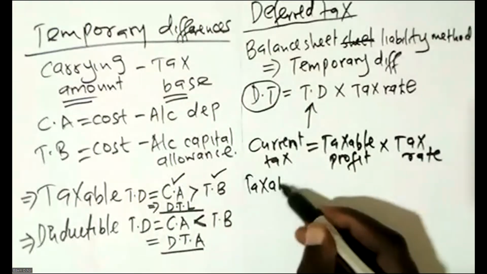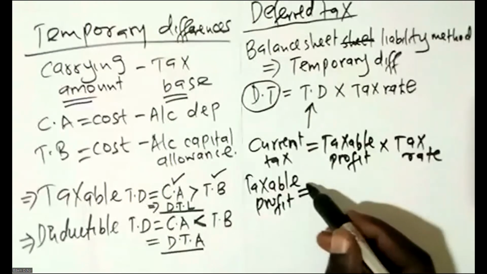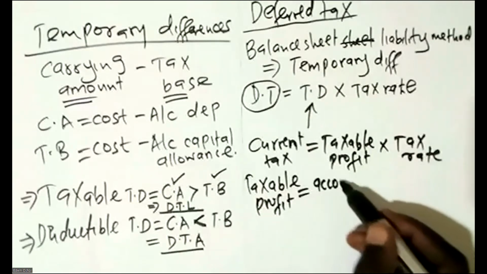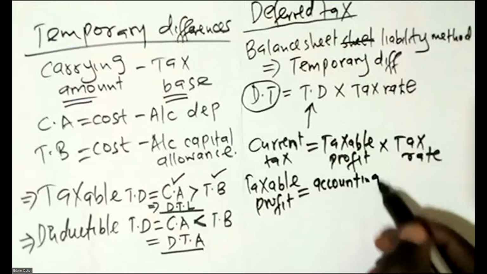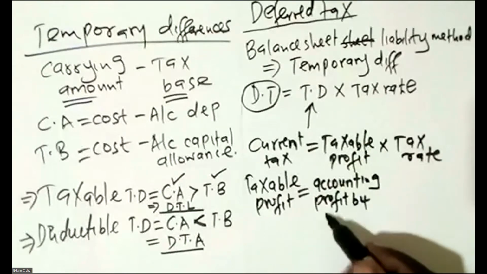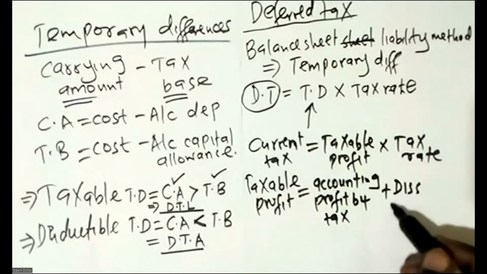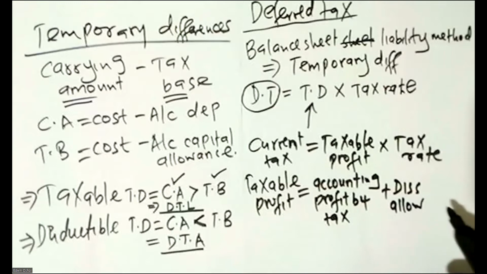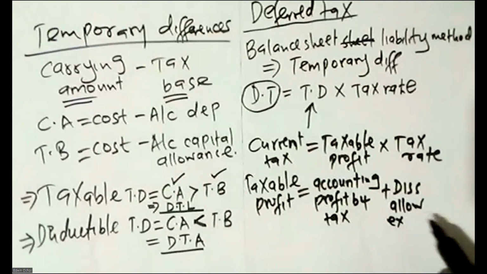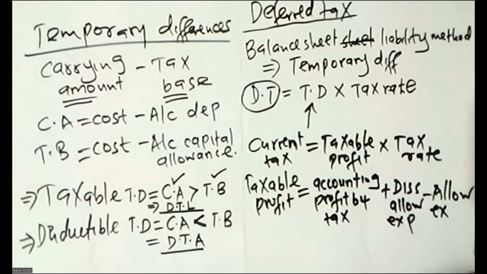How do you get taxable profit? We take accounting profit before tax, add disallowable expenses, and deduct allowable expenses.